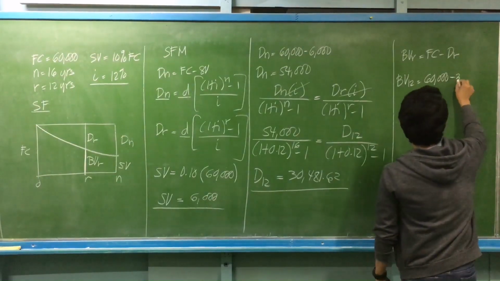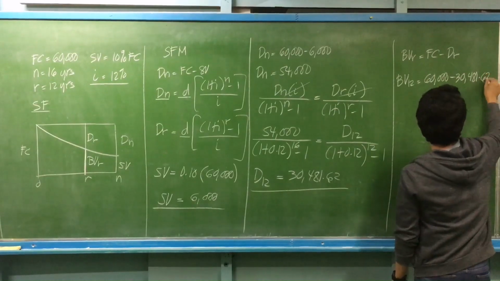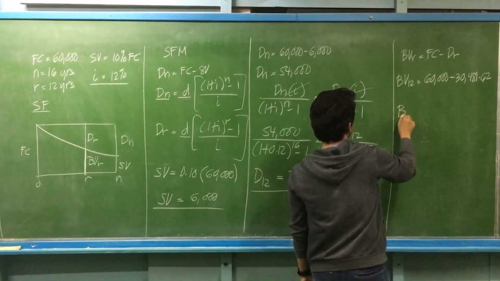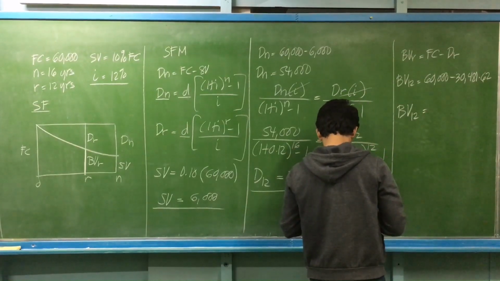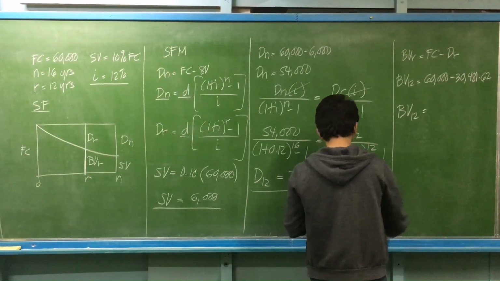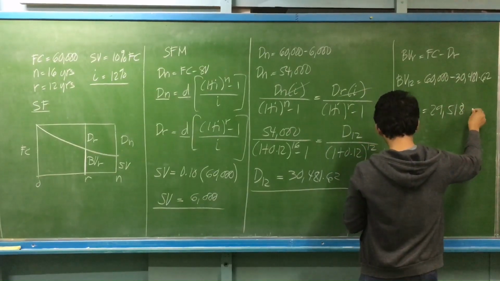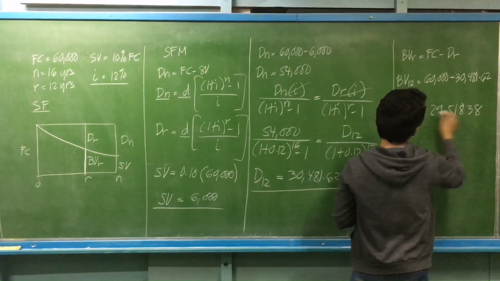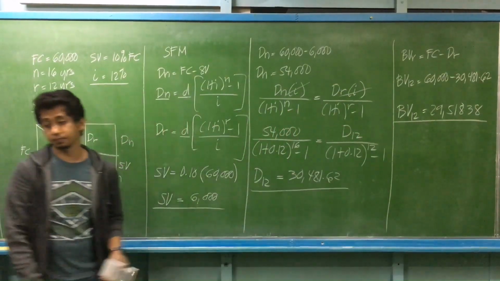We have 30,481.62. So, ito yung sagot. Book value number 12 equal to, we have 29,518.38. So that will be yung sagot for this problem.